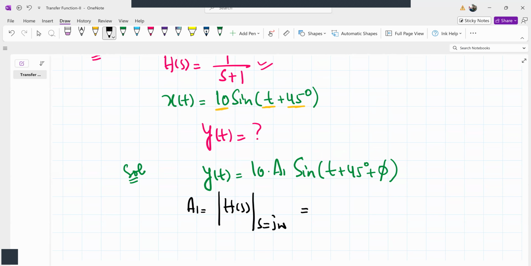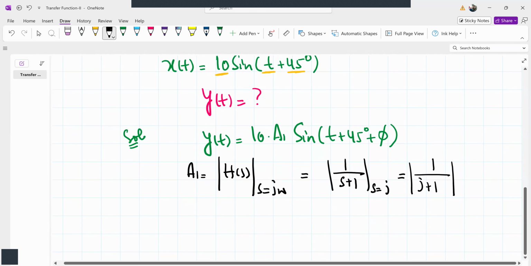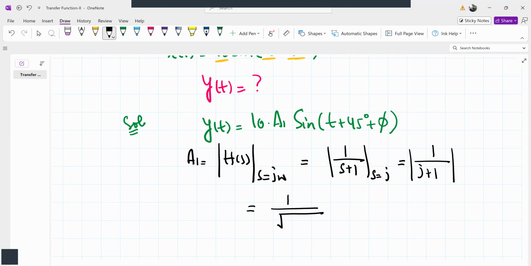Using H of s equal to 1 by s plus 1, with omega equal to 1, put s equal to j. So this will be 1 by j plus 1. Now this is simply a complex number, and we know how to find the magnitude of a complex number. The magnitude of the numerator is 1. The magnitude of the denominator is the square root of 1 squared plus 1 squared. So A1 is 1 by under root of 2.